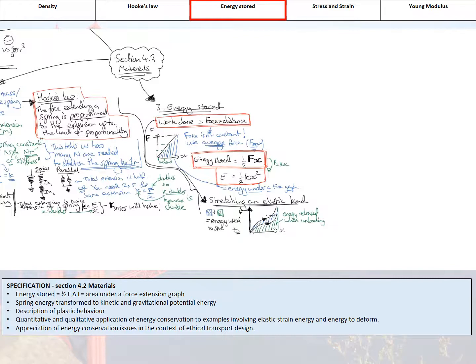Which means that the difference between what you put in to stretch it and what is released, which is the blue bit, is the energy wasted as heat.